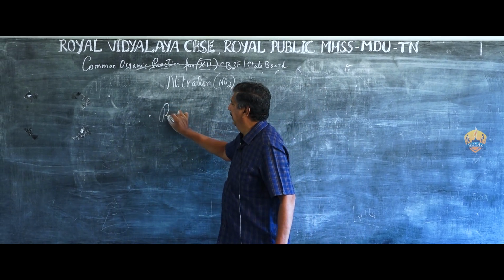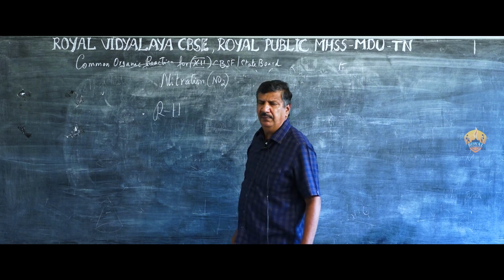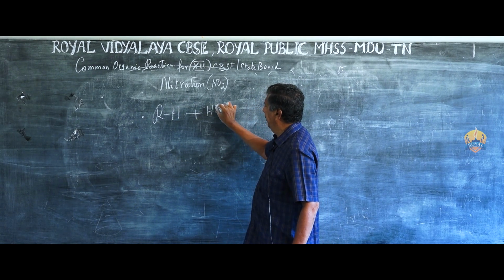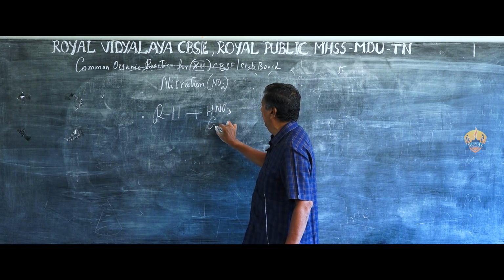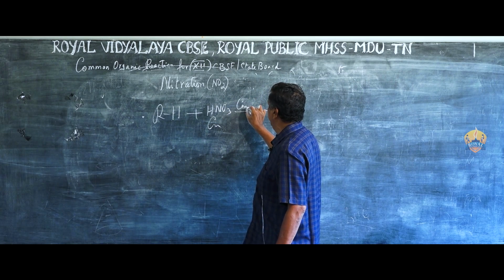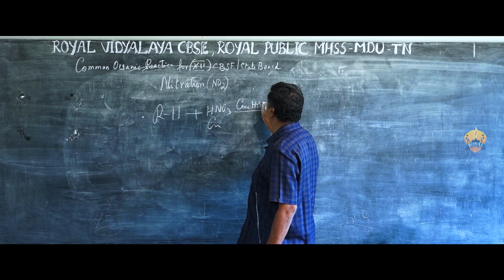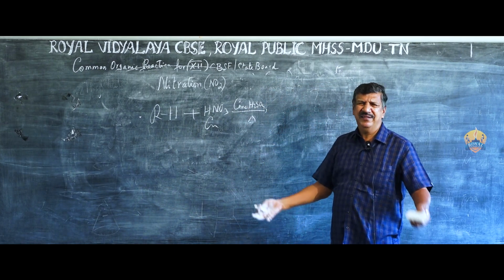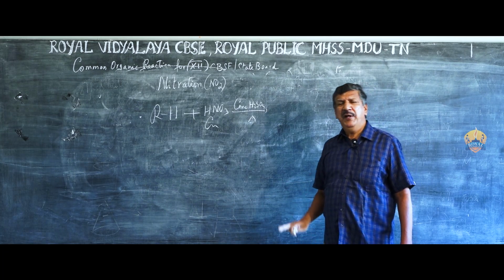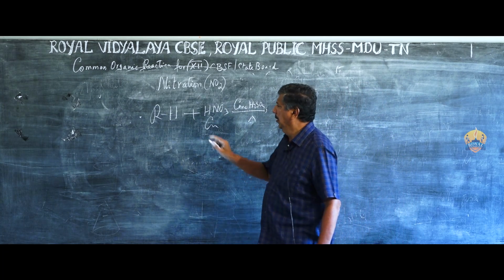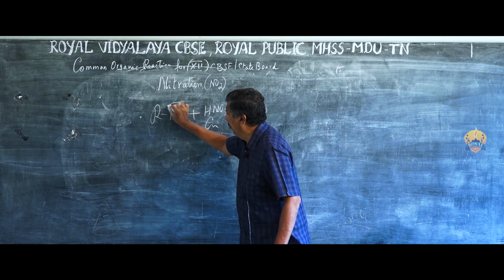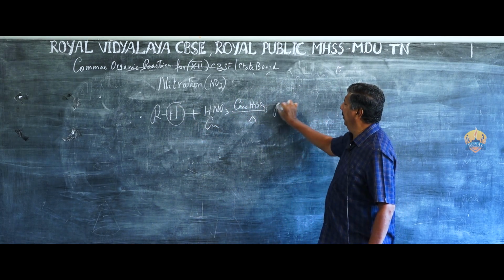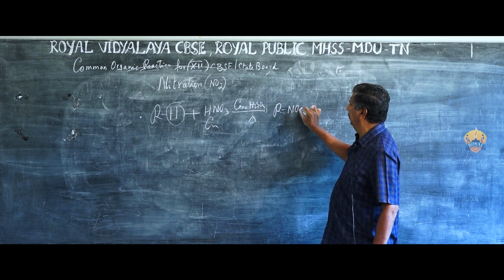You take any hydrocarbon and treat it with concentrated nitric acid and concentrated sulfuric acid. This mixture is called the nitrating mixture. They ask this in 1 mark. Be careful. You remove the H alone from the reactant and convert it into the product. That's all.